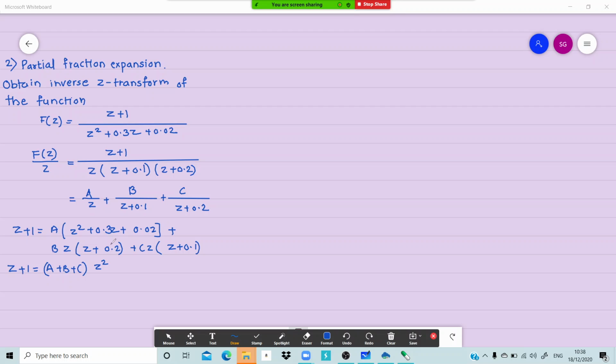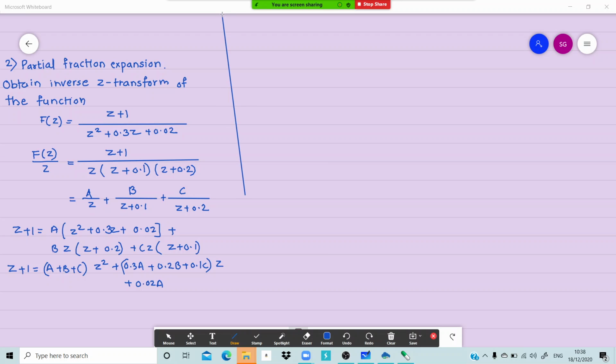Okay, then the z terms, so 0.3 a plus 0.2 b plus 0.1 c inside the bracket, and this is z, and constant is only one, that is 0.02 a. Alright, okay. So now we'll equate the coefficients for z and constant.